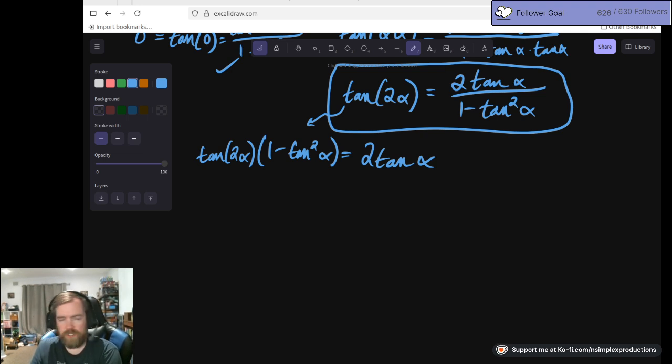So the real question is here, how do we get the tangent to combine those terms and put them together?